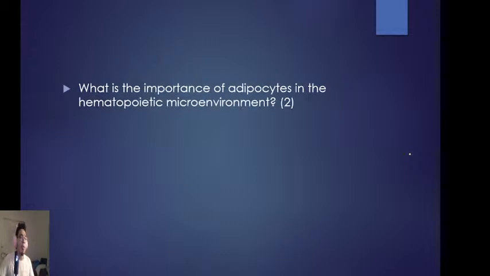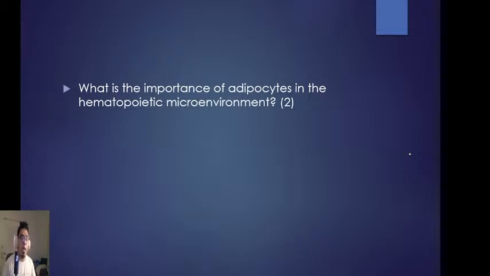The importance of adipocytes is that they contain compounds that can affect erythropoiesis. Alright? Remember that your colony stimulating factors are basically just chemical signals, and they are actually stored in the adipocytes. Another reason why it's important is that they provide and regulate the volume of the bone marrow.